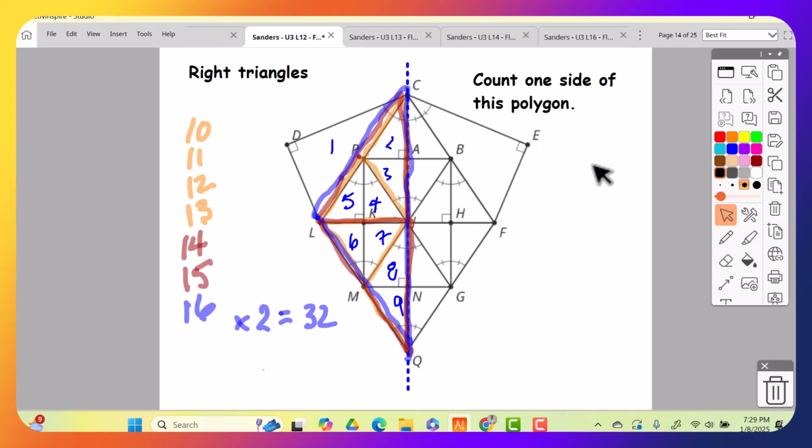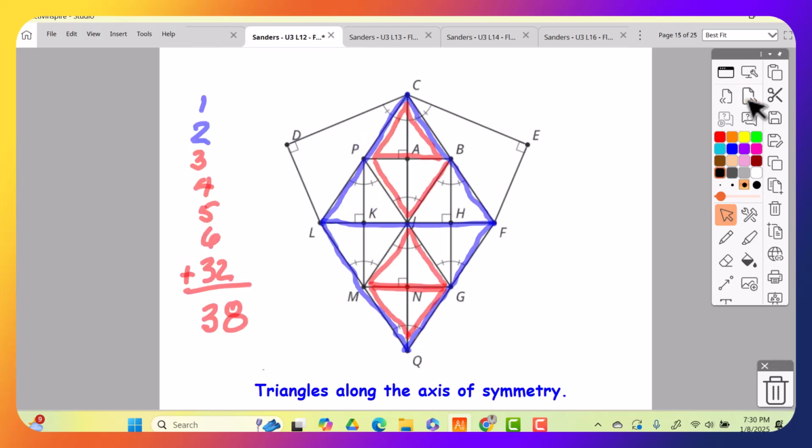But there are other triangles as well. The other triangles are the triangles that incorporate both sides and traverse this axis of symmetry. And so there's one here, one there, one here, one there. That's 4. And then the two big ones, 1, 2, gives me 6, plus the 32 from before.